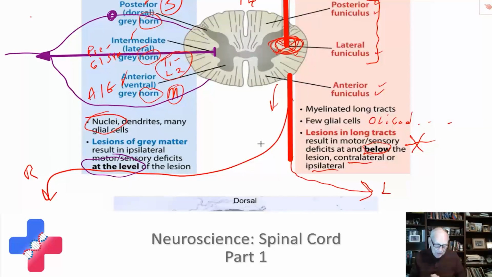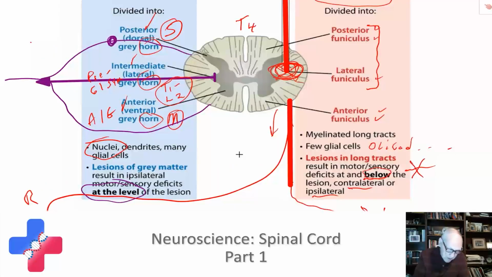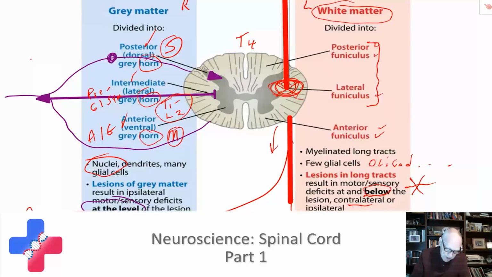So when you think of a gray matter lesion, it's going to affect the motor and/or sensory supply from that spinal nerve on that side at that level. So again, if this is T4, as we said, if you damage the gray matter here, or the ventral horn of T4 gray matter, you're going to affect the sensory and/or motor functions of the T4 nerve.